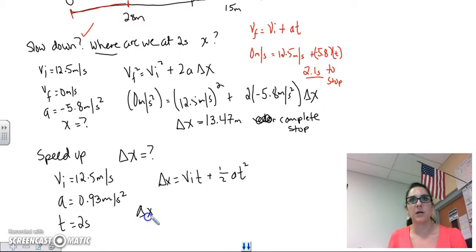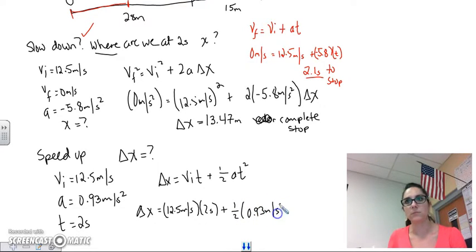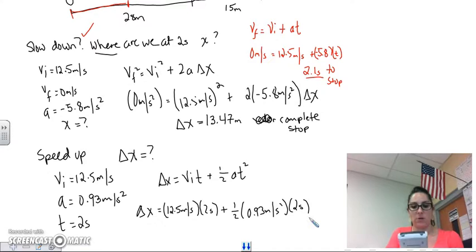So here's what it looks like. Our initial velocity is 12.5, so we don't need a final velocity. Technically, we don't know what we speed up to anyway, so we can't really assume that we went to the 18. Let's do this. The 0.93 times 2 seconds. There we go. So I'm going to do the first part, 12.5 times 2.